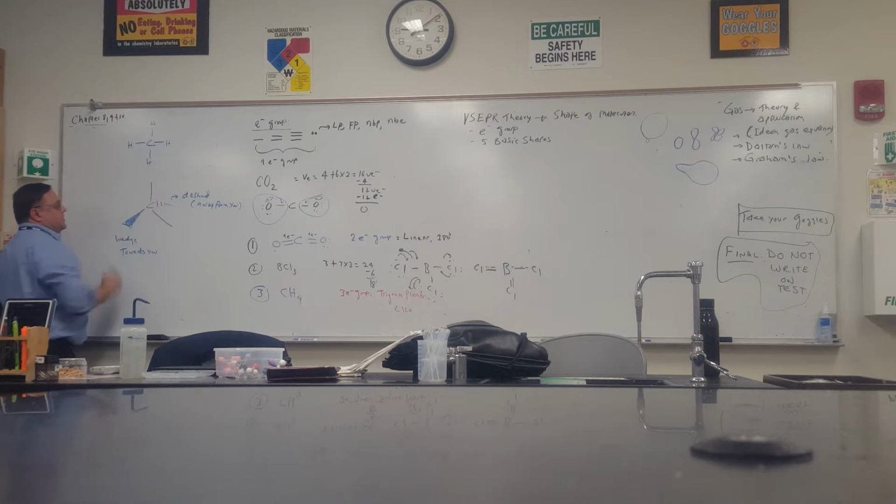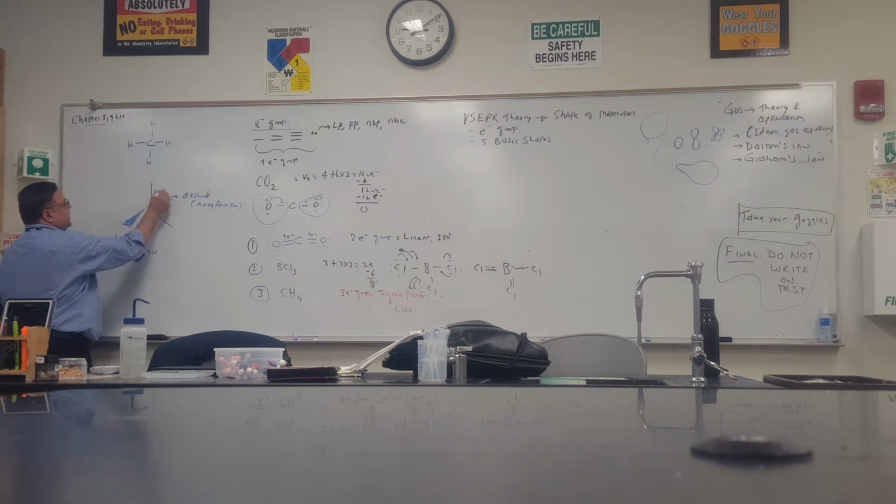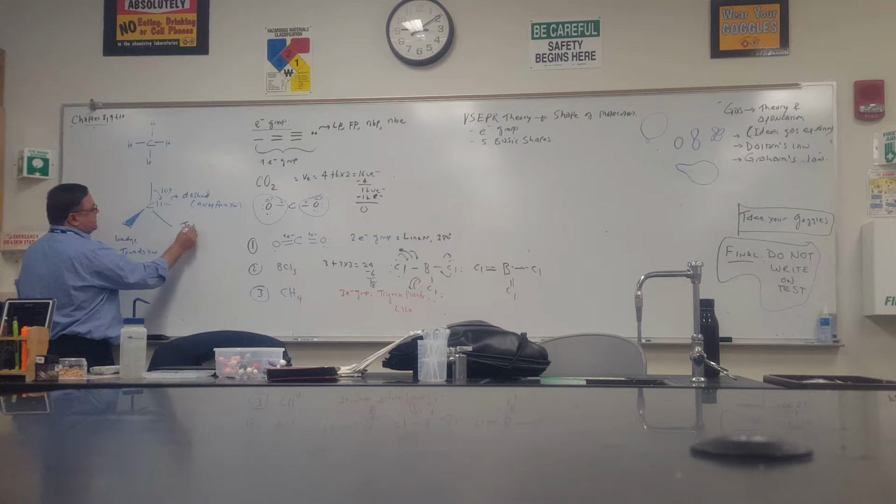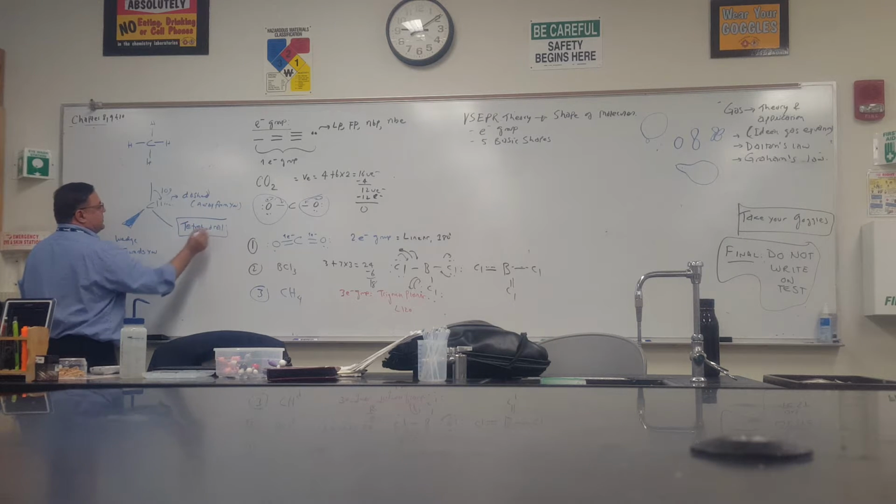This is the plane of the paper. So this is called tetrahedron. This shape is tetrahedron. So 4 angles, each with the same angle.